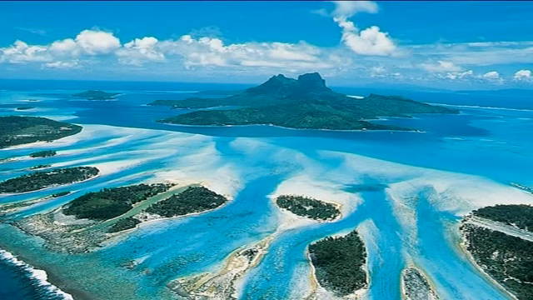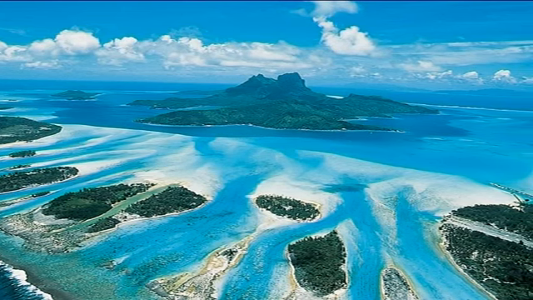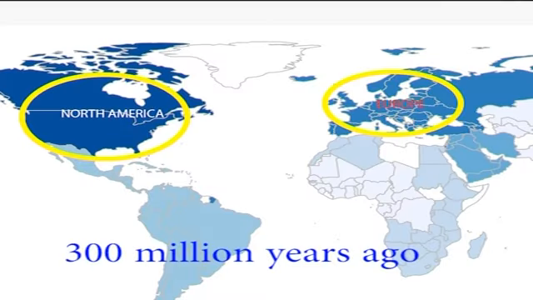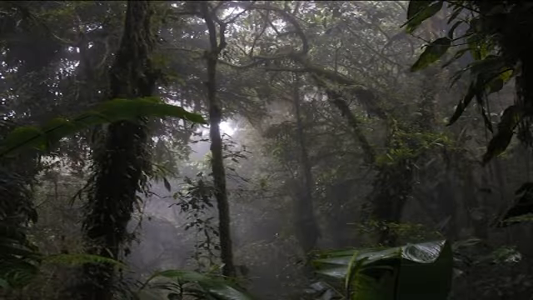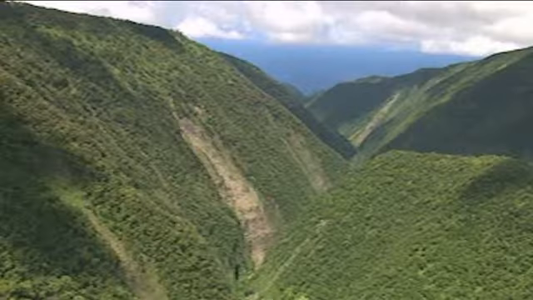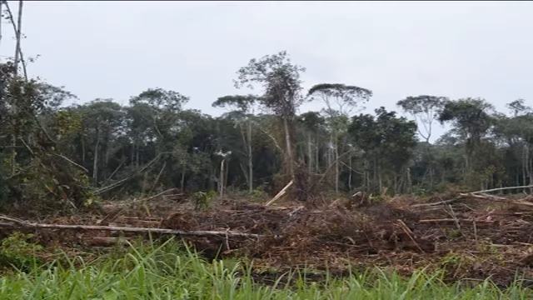Historical background of island biogeography. The theory can be studied through the fossils which provide a record of life on Earth. 300 million years ago, Europe and North America lay on the equator and were covered by steamy tropical rainforests. Climate change devastated these tropical rainforests during the Carboniferous period, and as the climate grew drier, rainforests fragmented.